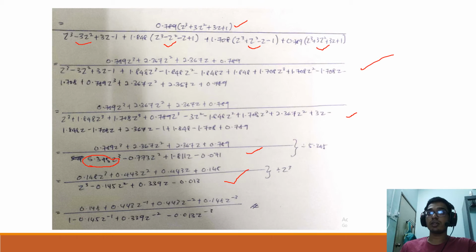And for the final result, I will divide by z power of 3, which I will get 0.148 plus 0.443z power of negative 1 plus 0.443z power of negative 2 plus 0.148z power of negative 3, divided by 1 minus 0.145z power of negative 1 plus 0.339z power of negative 2, and finally minus 0.013z power of negative 3.